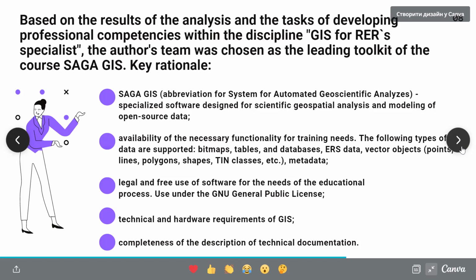The following types of data are supported: bitmaps, tables, and databases, ERS data, vector objects, and metadata. Legal and free use of software for the needs of the educational process. Use under the GNU General Public License. Technical and hardware requirements of GIS, complemented by the description in technical documentation.